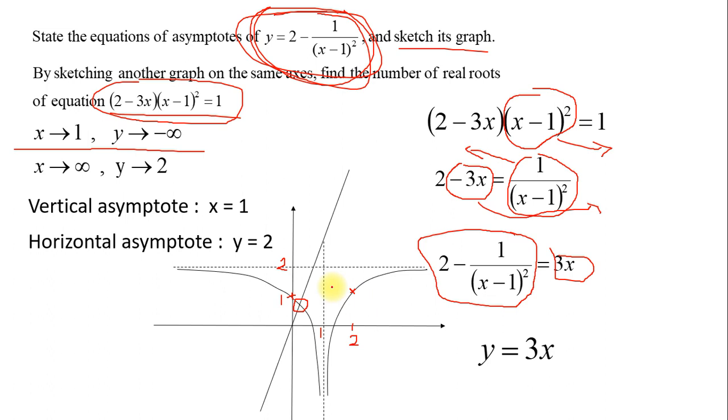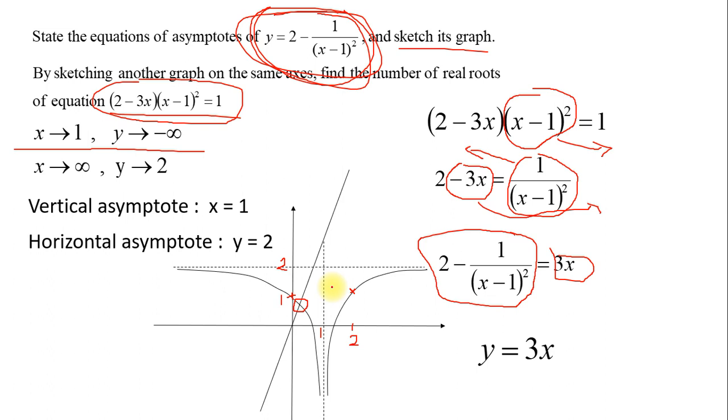Right? Now, since the question does not ask us to prove that the root is between two integers, we don't need to use the intermediate value theorem to prove it.